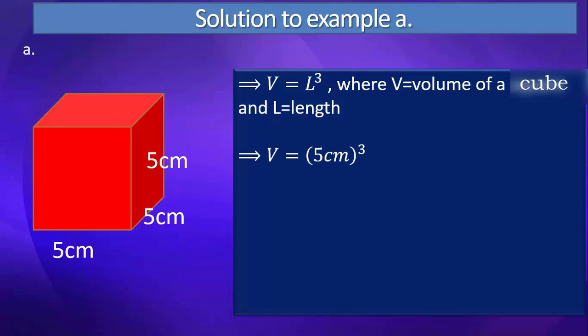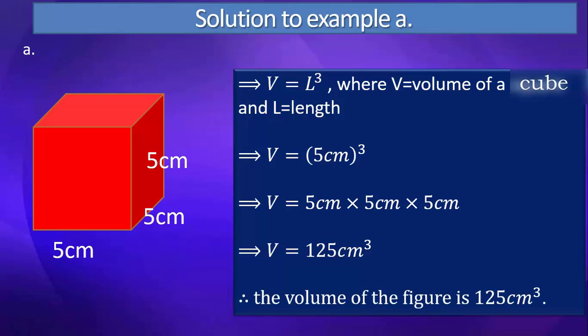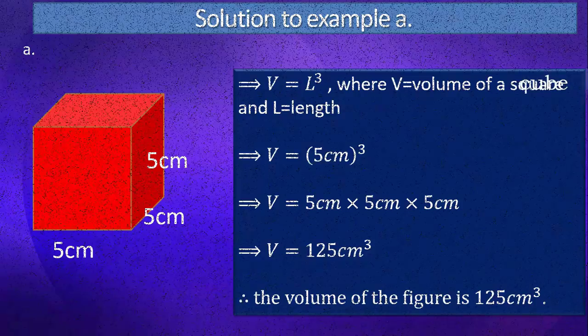Substituting our values, we now have V = 5^3, of course 5 centimeters raised to the power 3. So this implies that V = 5 centimeters times 5 centimeters times 5 centimeters. When we simplify, we should get the answer V = 125 centimeters cube. So therefore, the volume of the cube is 125 centimeters cube. Don't forget, the figure we just solved for is of course a cube, since all the sides are equal.